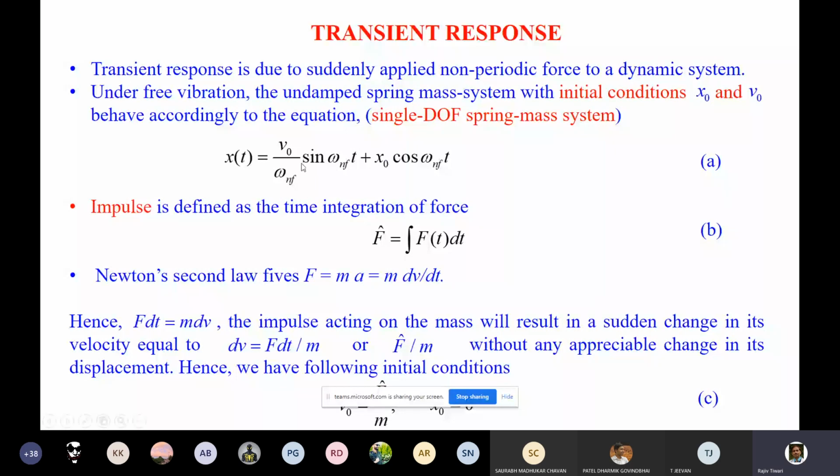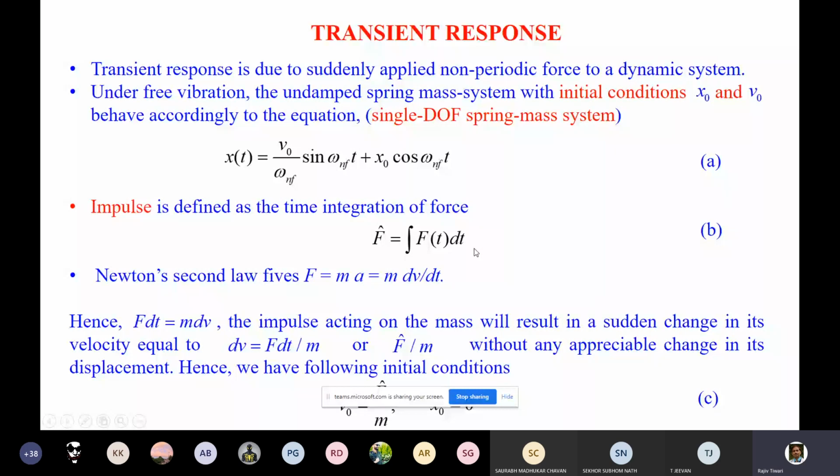Now this is the response of the system for a particular initial condition, but the initial condition will be specified by what kind of forcing we are giving or what kind of system it is. If we apply an impulse to the system, it is defined as the summation of the force with time.